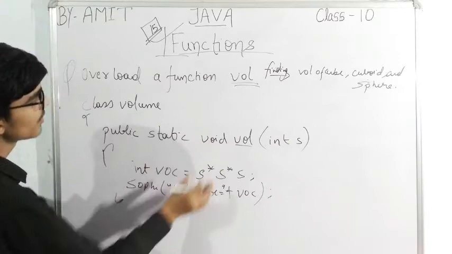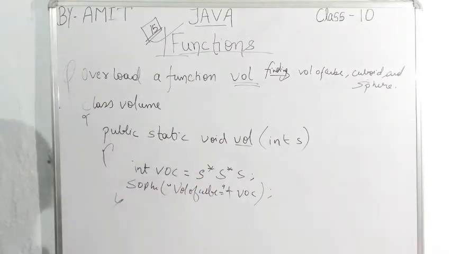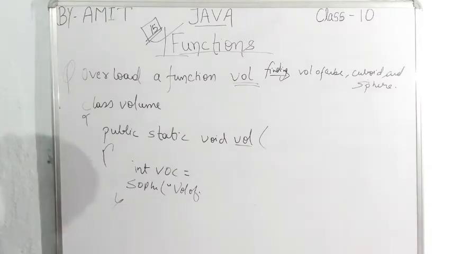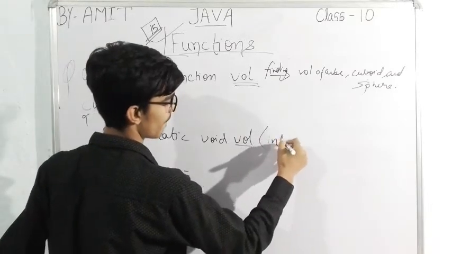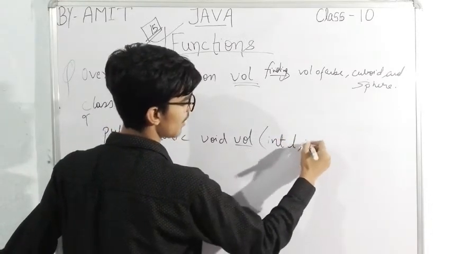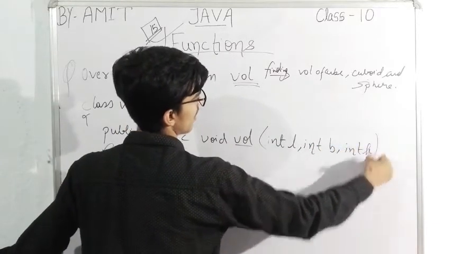This once we have written, using this vol. After this, again we'll use it. Copy this down: public static void vol, int l, int b, int h.